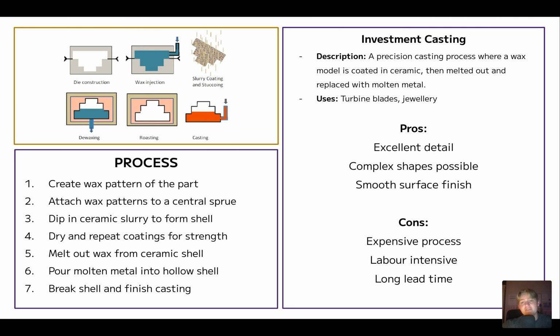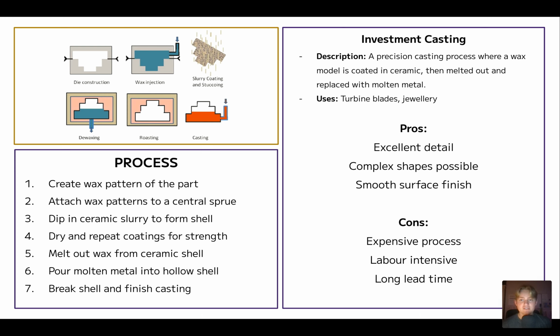Next, we're going to look at investment casting. So investment casting can best be described as a precision casting process where a wax model is coated in ceramic and then melted out and replaced with molten metal. So that's quite a complicated thing there. So I'll just say that again.